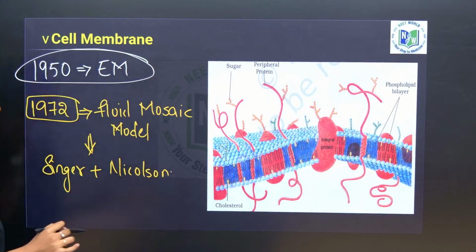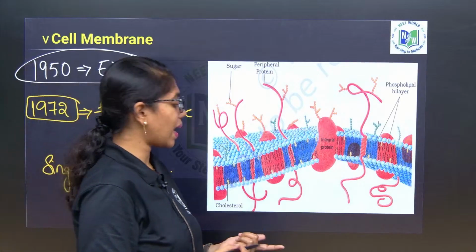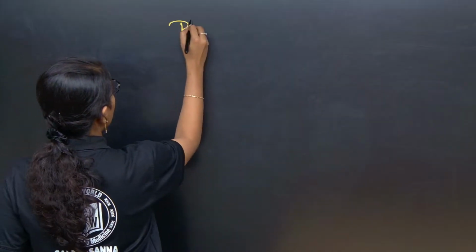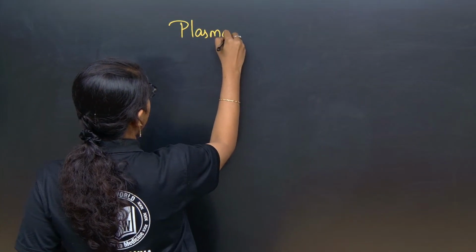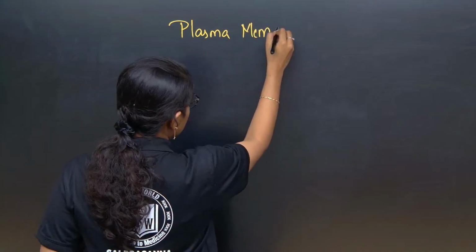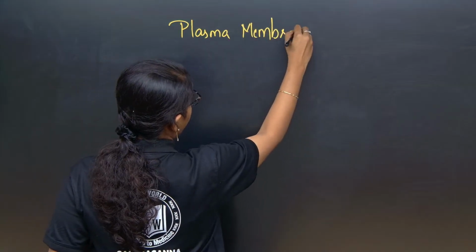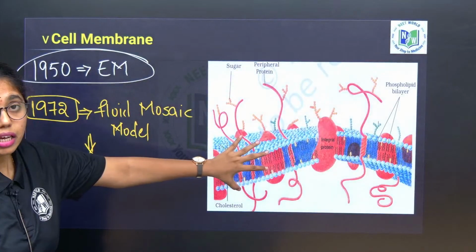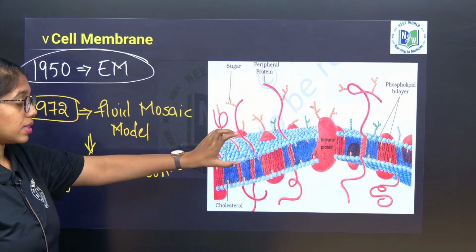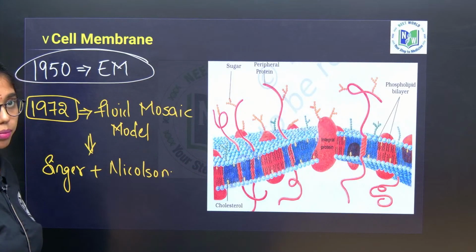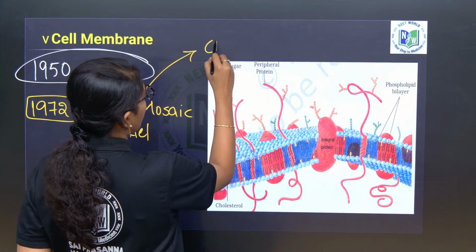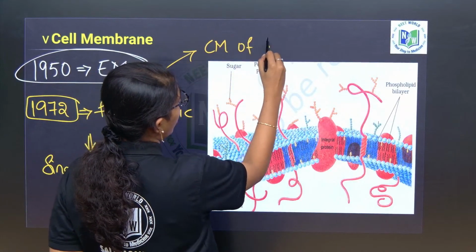Now, look into the composition of the plasma membrane. Plasma membrane is composed of what? Singer and Nicholson proposed the cell membrane structure, that is the Fluid Mosaic Model, observing the cell membrane of the erythrocyte or RBC.